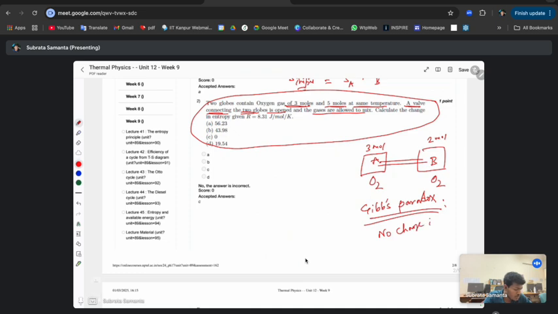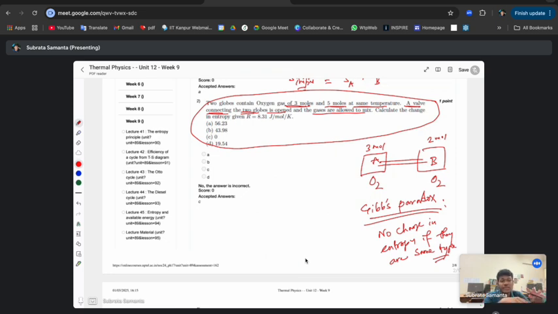The only way to calculate a change in entropy is if they are different types of gases.